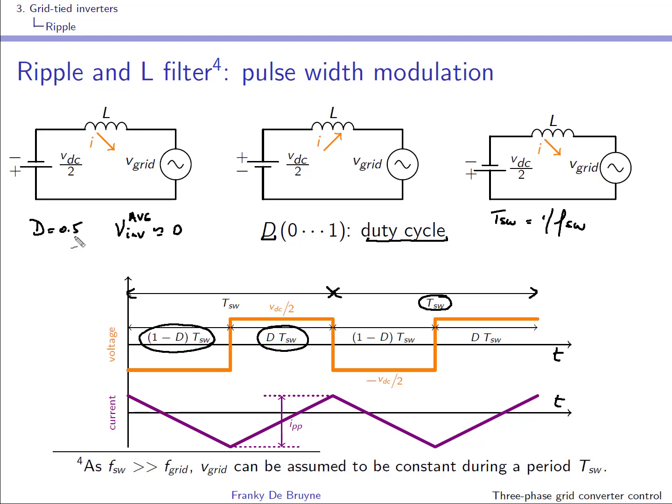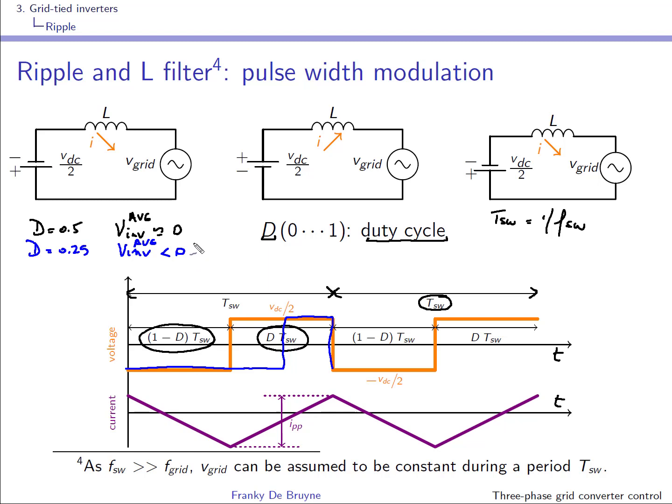So what we can do is maybe draw a certain number of other situations. Let's take a duty cycle of 0.25, so this would correspond to something like this. There you would have that the average voltage at the output of your inverter is smaller than 0.